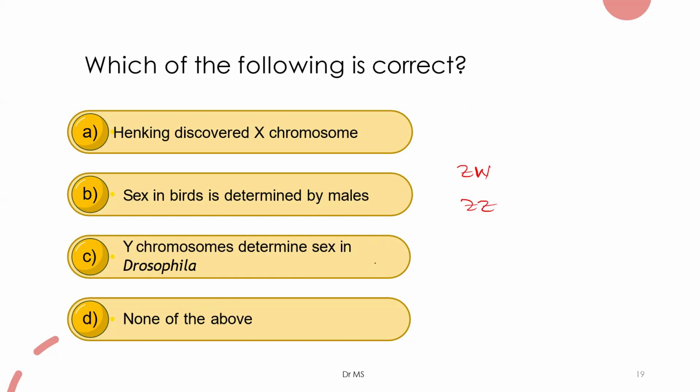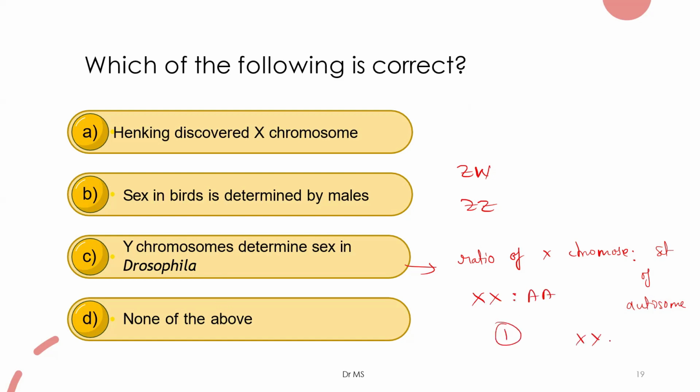What about this? Y chromosome determines sex in Drosophila. In Drosophila, sex is determined not by the Y chromosome but by the ratio of X chromosomes to the set of autosomes. Remember, this is very important, not simply X. It should be like this: XX to AA gives 1.